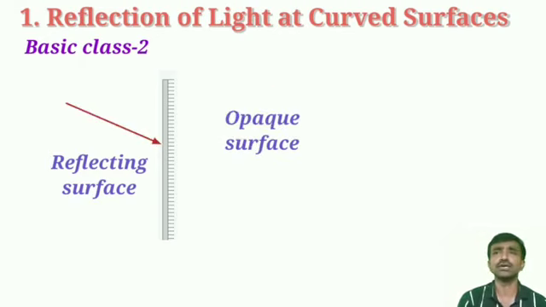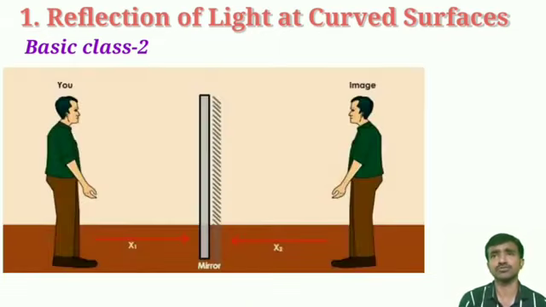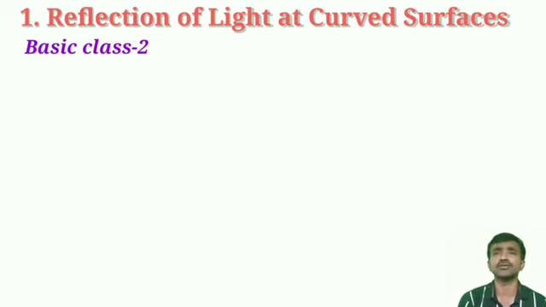It won't reflect the light and it will not allow the light to pass through, which is called an opaque surface. Reflection actually takes place from the surface, but it is not 100% reflective. It helps us to see that surface only, but it won't form an image. So these types of surfaces are called opaque surfaces.